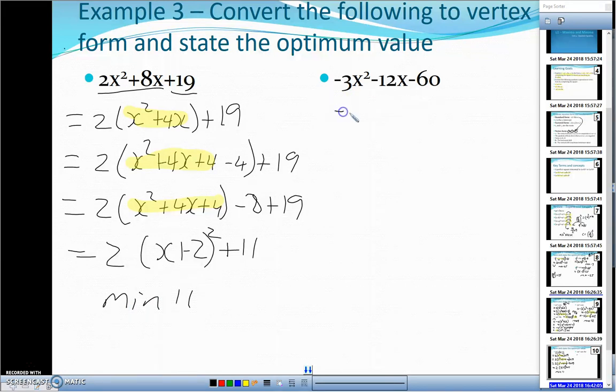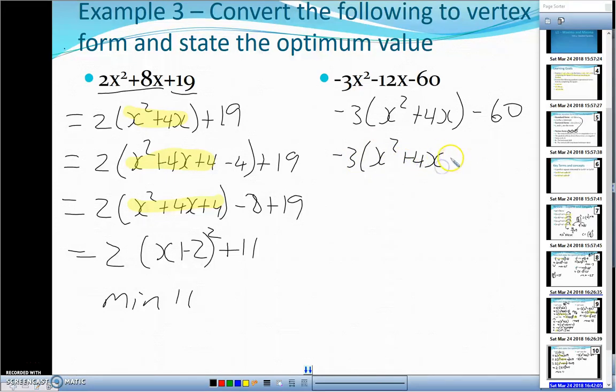Factor out the negative 3. x squared plus 4x. We do not factor out the last one, minus 60. We want to complete the square here. Minus 3 bracket x squared plus 4x plus 4 minus 4 bracket, minus 60.